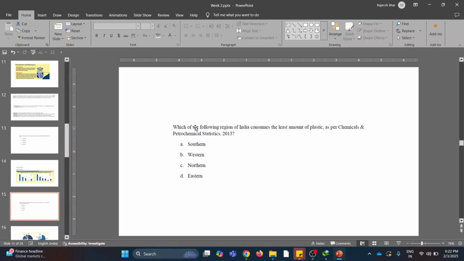Then, which of the following regions of India consumes the least amount of plastic as per chemicals and petrochemical statistics of 2030?